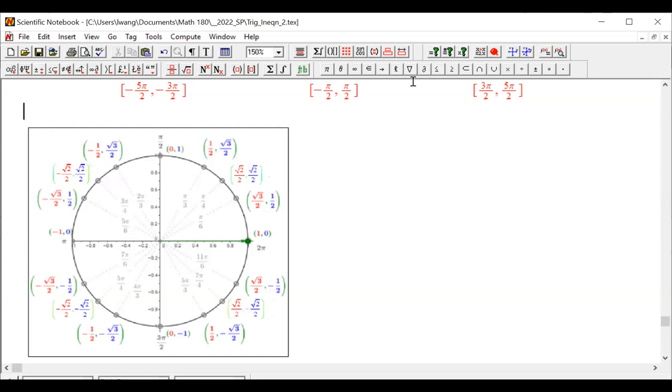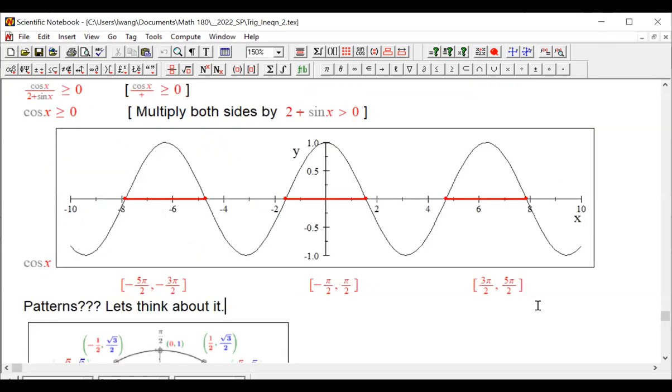So we leave the pattern for our thoughts. These patterns sometimes are not easy to figure out, but if it doesn't work, no big deal. We already see a kind of pattern, right? If we ask you what will be the next interval, you can see from the pattern here, this is pi/2, this is 3pi/2.